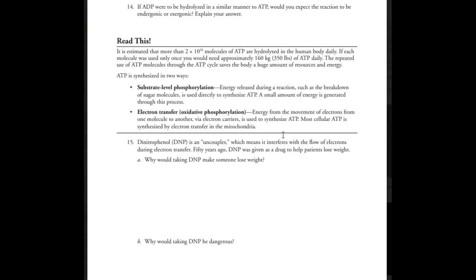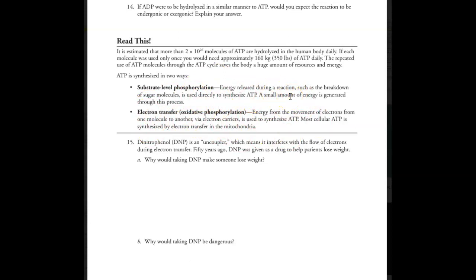It's kind of a big chain, like a dominoes chain effect. You get all these electrons moving around, and that ends up putting a phosphate on an ADP. Most of the way that ATP is made is through this second one. A very little amount is made through the substrate level.